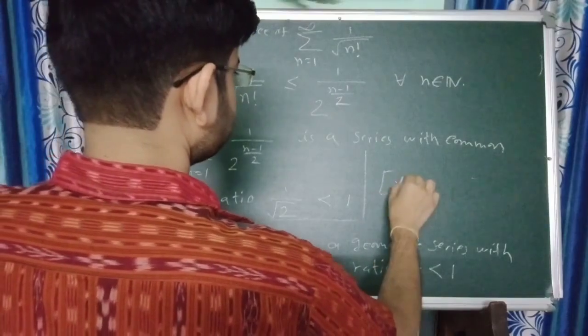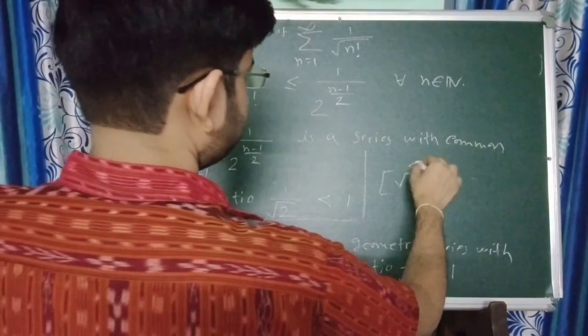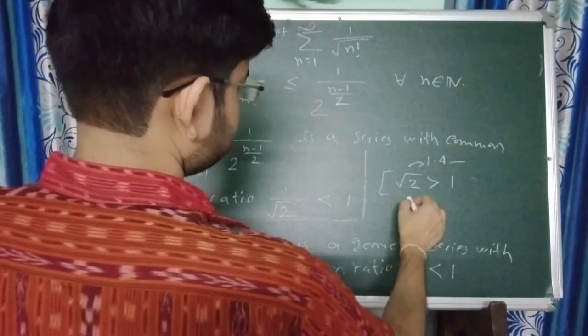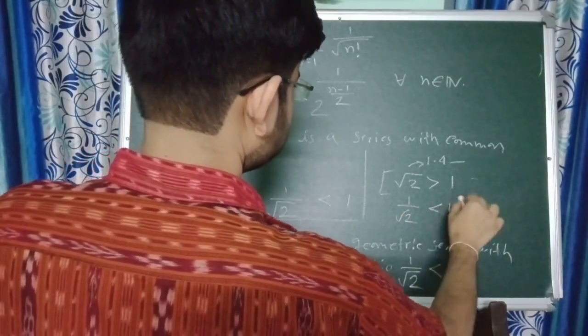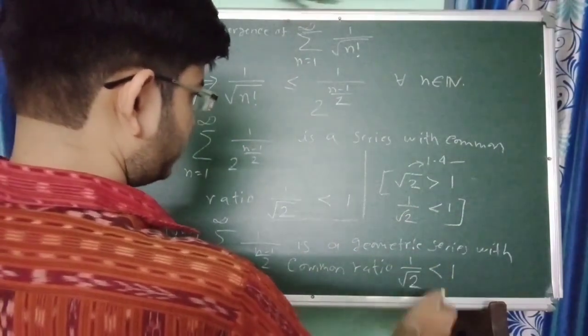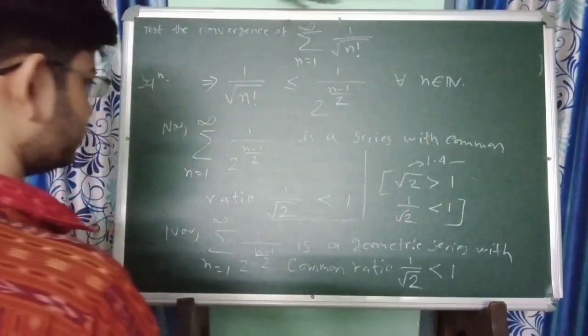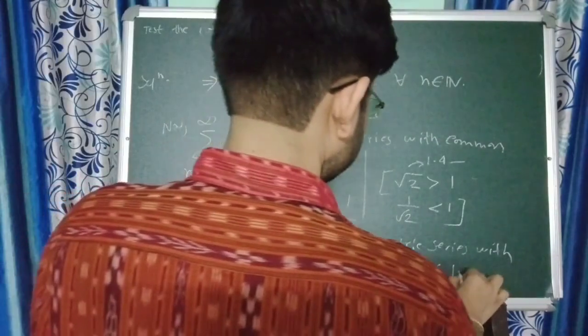Since root over 2 is greater than 1, we know that this value becomes 1.4 something, so 1 by root over 2 is less than 1. So this is a geometric series with common ratio less than 1. So this is a convergent series.